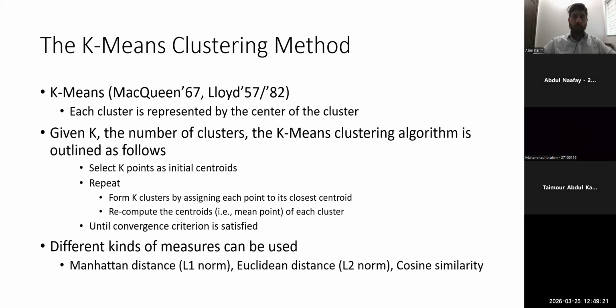Then you do a loop where you assign every other object to the nearest center, nearest mean. So how many means do we have? We have k means. तो हम सारे points को the nearest mean पे assign कर देते हैं. ठीक है? And once you have assigned every point to the nearest mean, you get a cluster. अब आपके पास ये cluster आ गया which has all the objects in it.